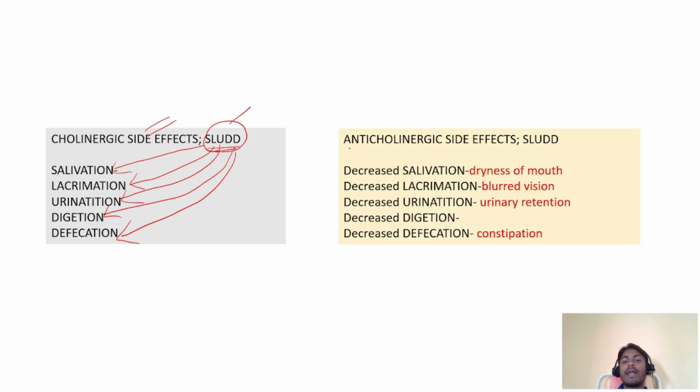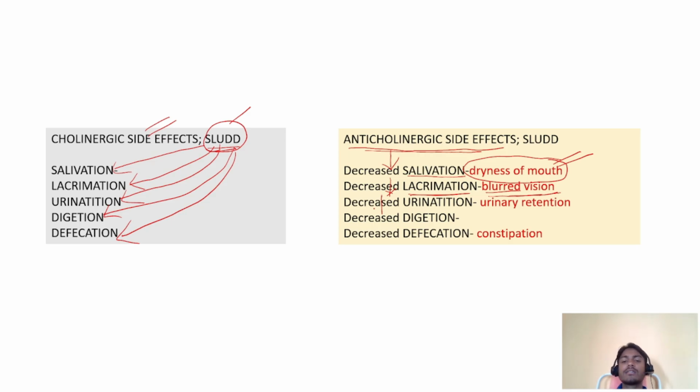When it comes to the anticholinergic side effects, anticholinergic means we are giving an antagonistic drug. If you give antagonistic drugs, what will happen? Salivation is decreased, which may lead to dryness of mouth. Decreased lacrimation in the eye may lead to blurred vision, we cannot see objects properly.